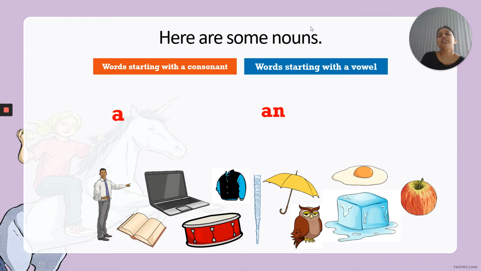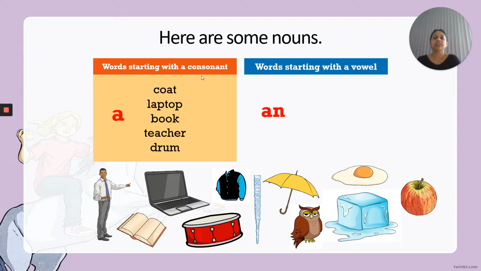Okay, so we use the article a when your nouns start with a consonant. Okay, so if you have a look at the first word over here, it's coat, and the coat starts with a C, and a C or a K is a consonant.